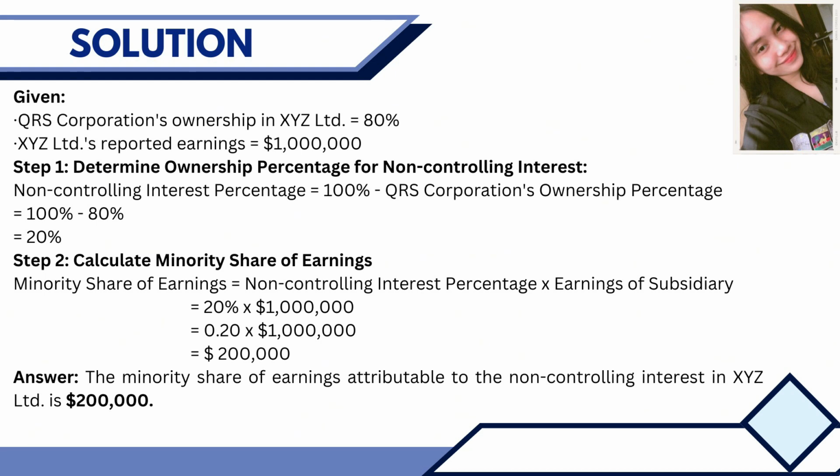Step 1. Determine ownership percentage for non-controlling interest. Calculate the ownership percentage attributable to the non-controlling interest by subtracting QRS Corporation's ownership percentage from 100. So 100% minus 80% is equal to 20%.